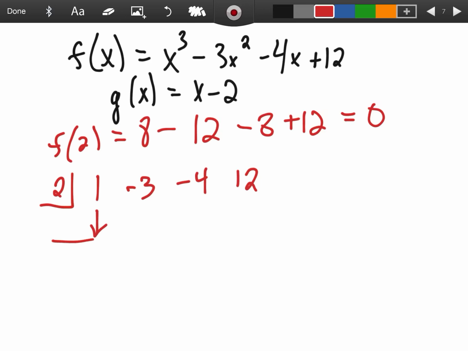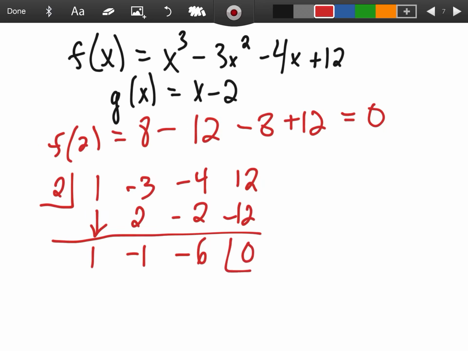I'll bring down the 1 to start. 1 times 2 is 2, negative 1. Negative 1 times 2 is negative 2, negative 6. Negative 6 times 2 is negative 12. And so it gives a remainder of 0. Good, it should be giving us a remainder of 0. The remainder theorem told us that it would.